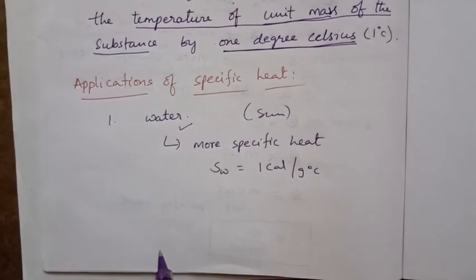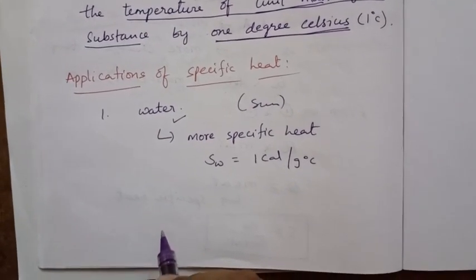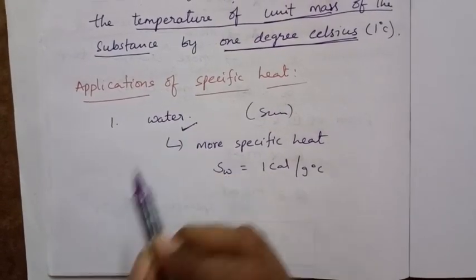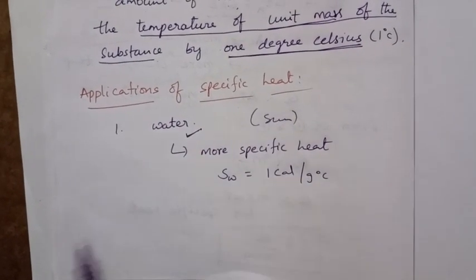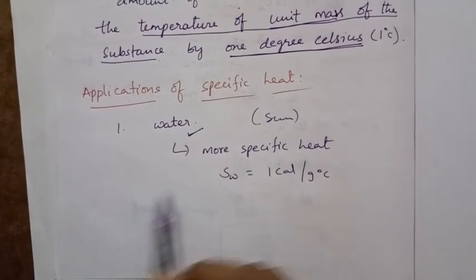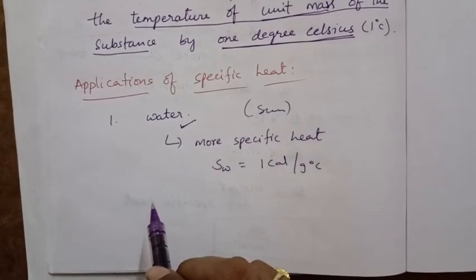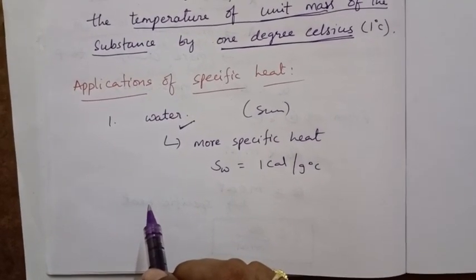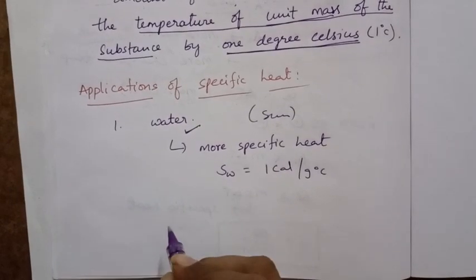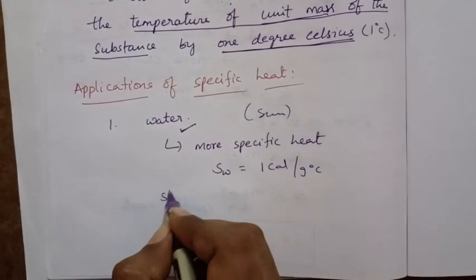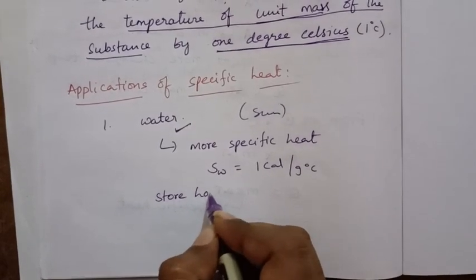This is the most. As water has more specific heat, it absorbs more amount of heat from the sun and moderates the surrounding temperature. That's why water is known as a heat storehouse.